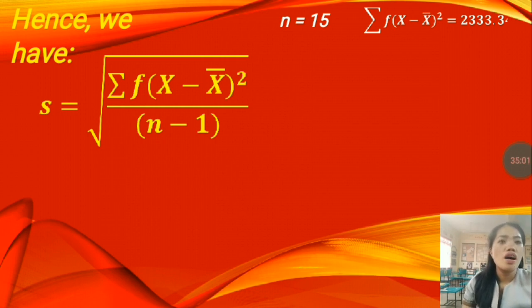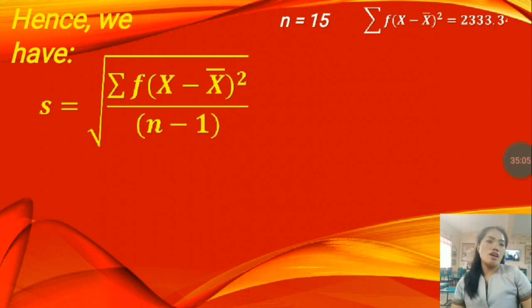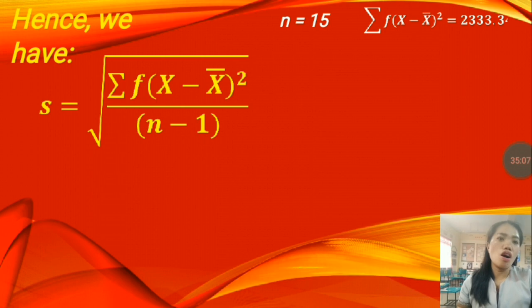Now, we see to it that we round off to the nearest hundredths, so our approximation value for our sample standard deviation will be near to the accurate value, for accuracy purposes.